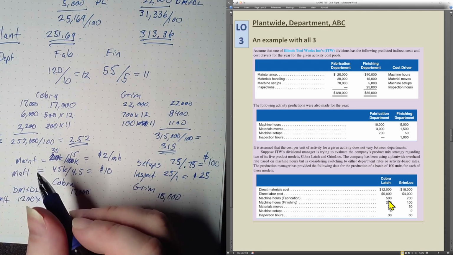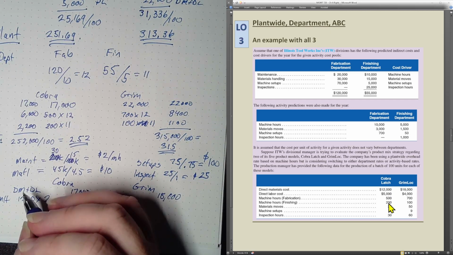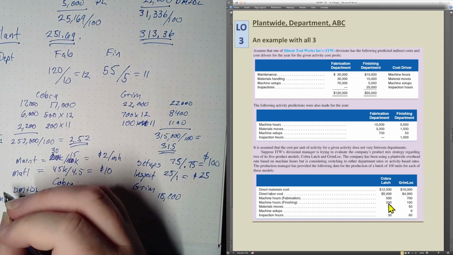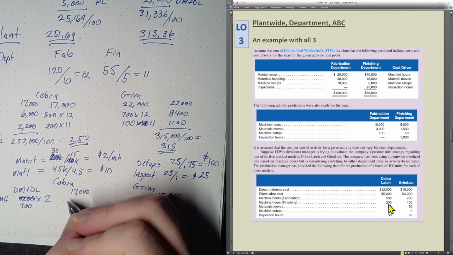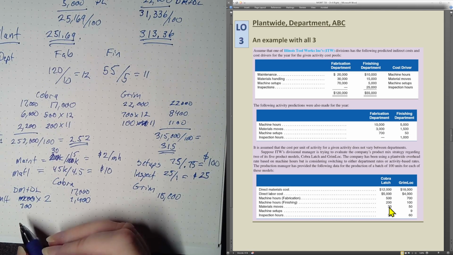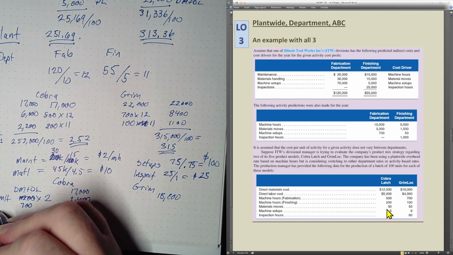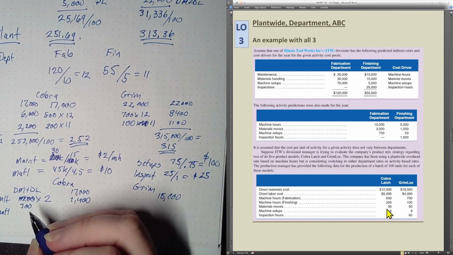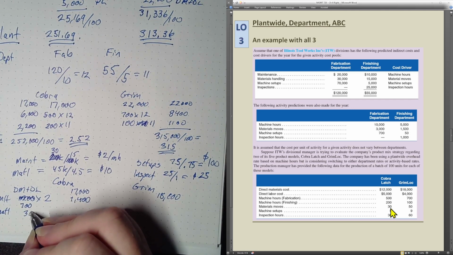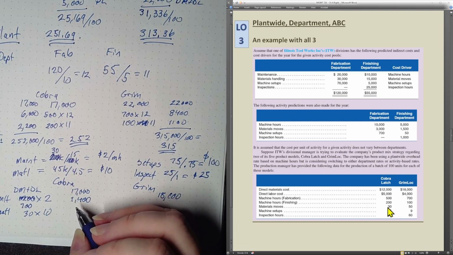Well, I'm sorry, I'm reading the wrong way. For Cobra Latch, it is 5 plus 2, so 700 hours times 2, which is 1,400. For the material moves, it is going to be 30 times $10, or 300.